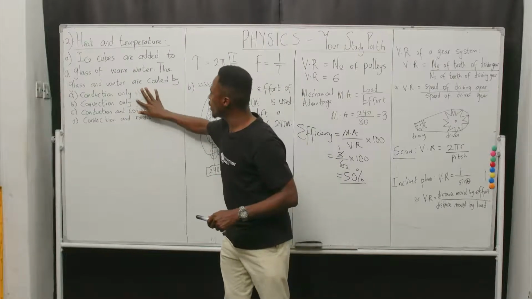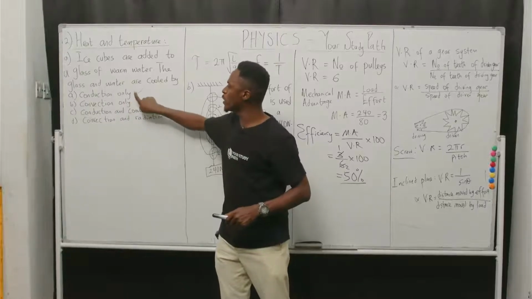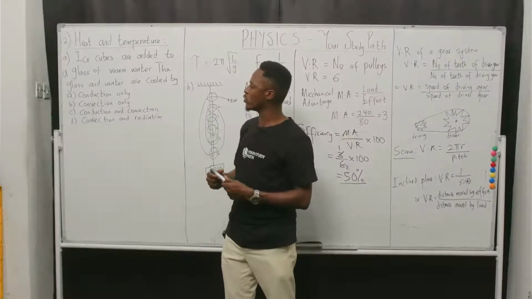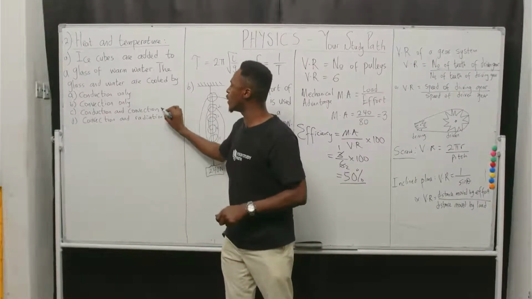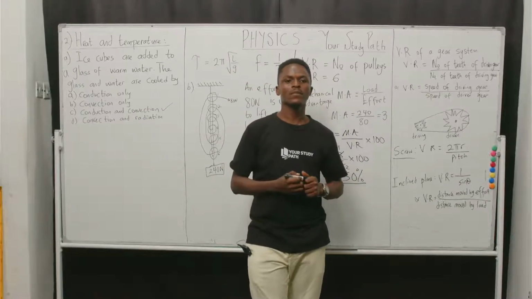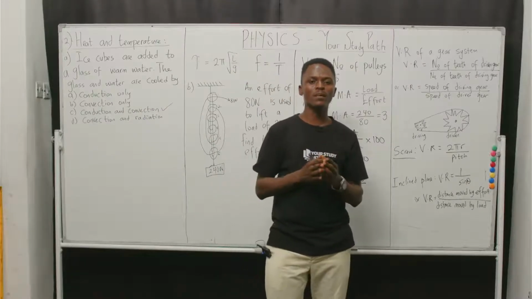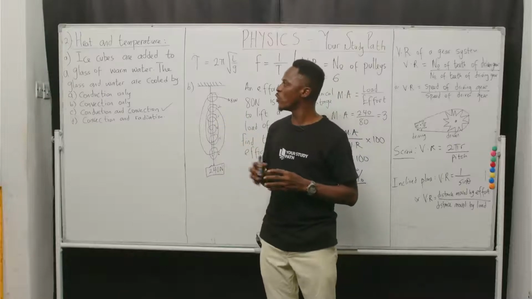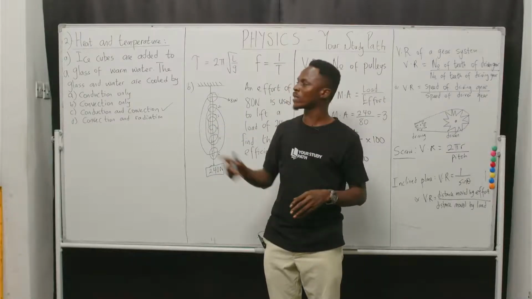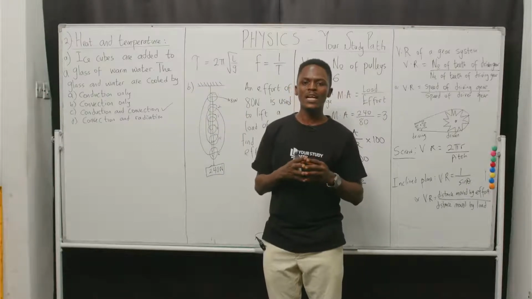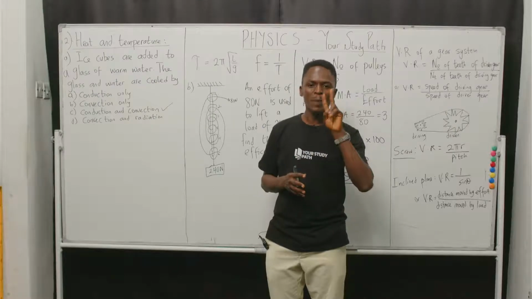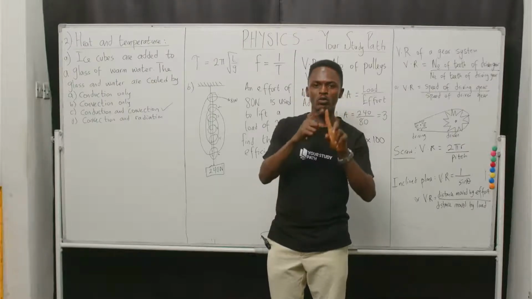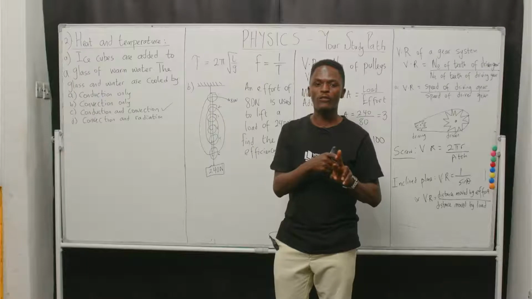As such, it can't be only convection, it can't be only conduction. It has to be both of them together in the cooling down of the water by the ice cube. That process has to take place by two processes, one conduction, the other convection.